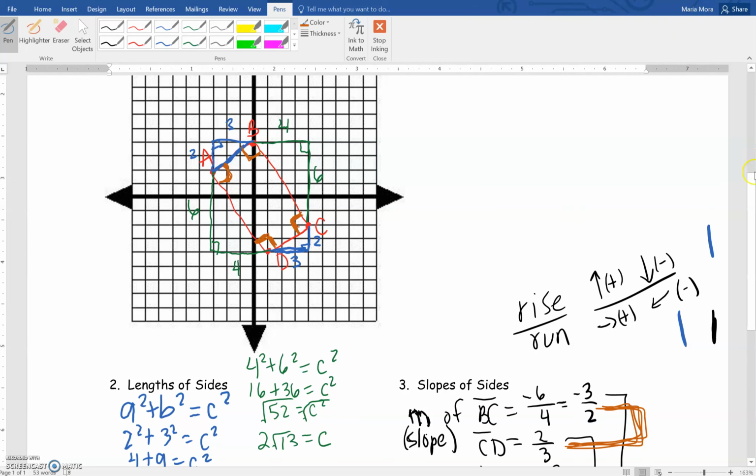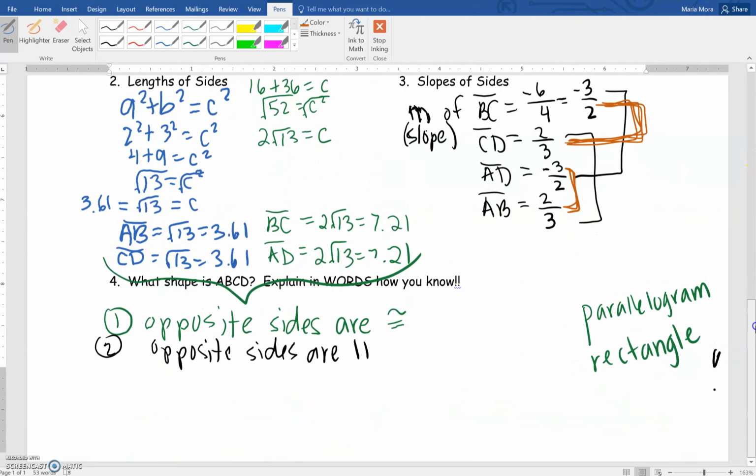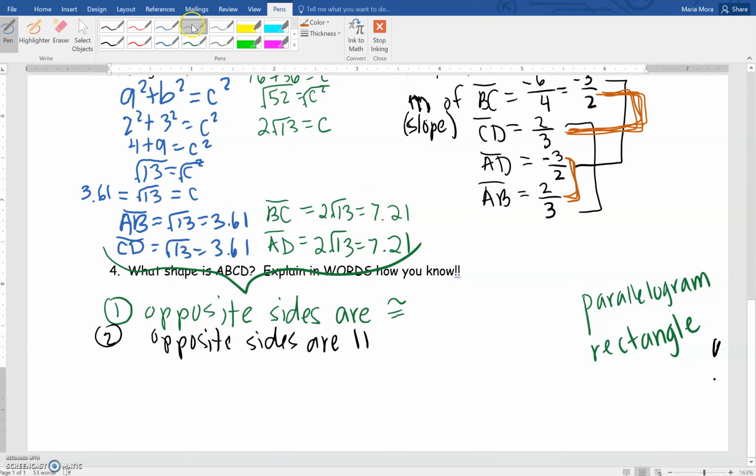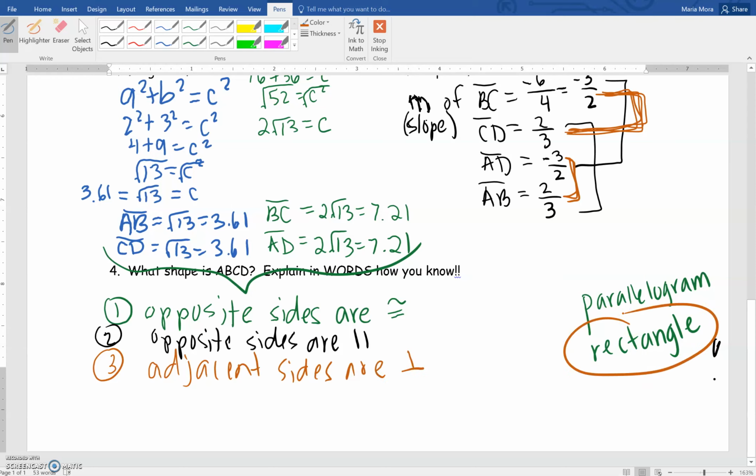So we know that although these two properties are the same for both a parallelogram and a rectangle, the last property that sets it apart is that adjacent sides are perpendicular, telling us that it's a rectangle.